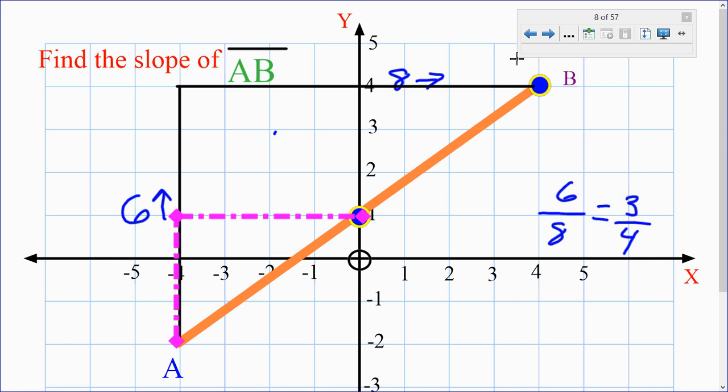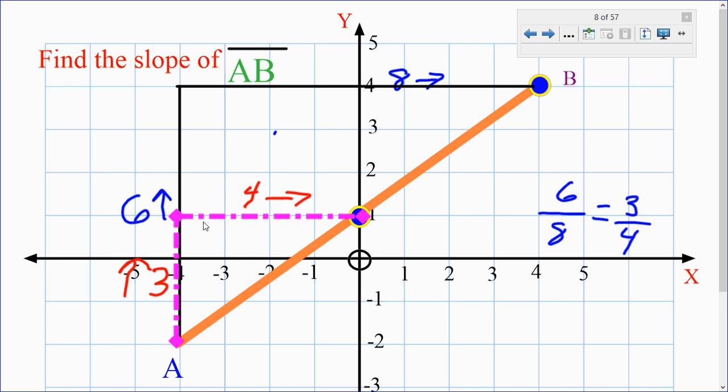Let me get my select tool. And choose a different color. Up 3 and over 4. So the vertical change was 3, 4.